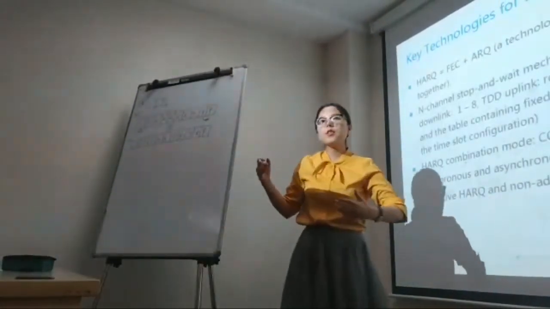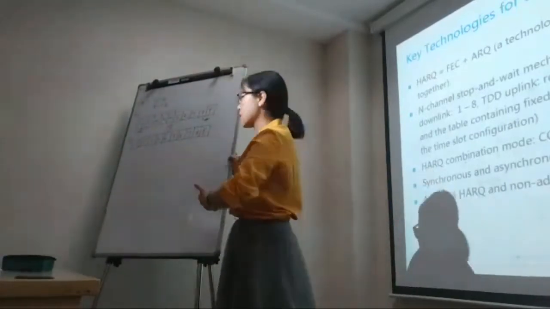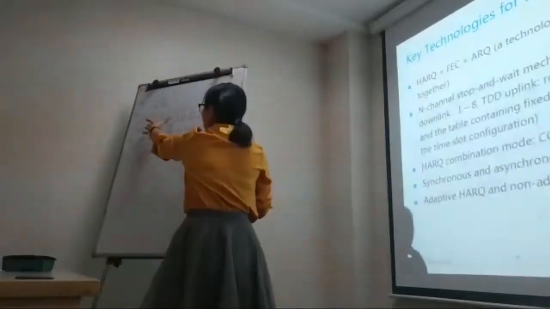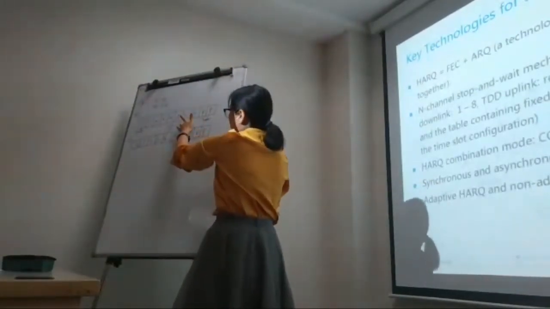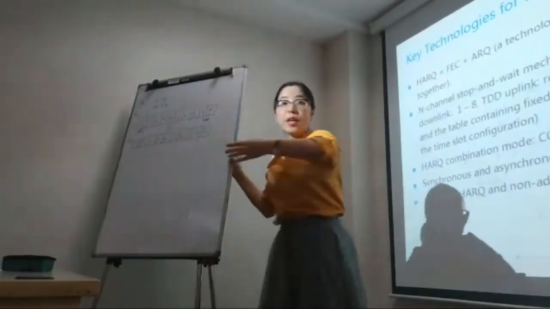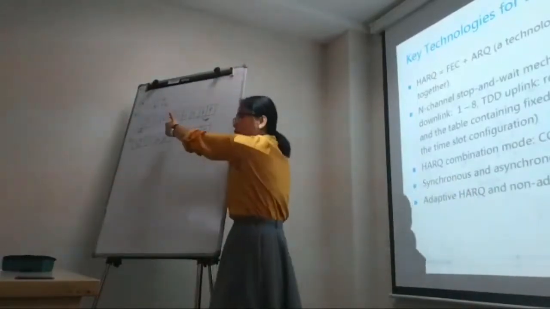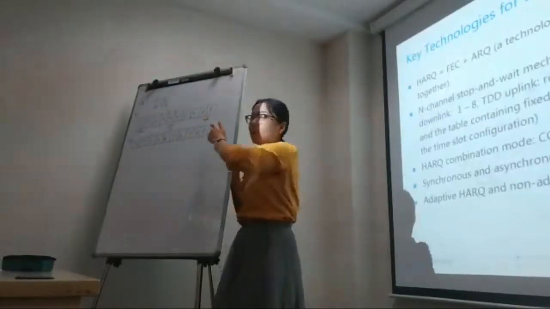So if we transmit like this, 0 to transmit the first data, and 1, 2, 3, 4, 5, 6, 7. It's a waste, right? I cannot transmit the data. I need to wait for the feedback and transmit the next data.